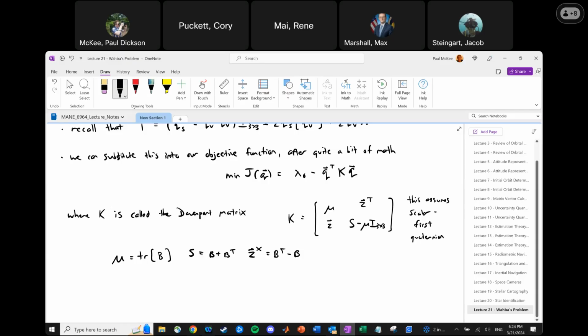What we're trying to do is find Q, which minimizes this problem. So we're still not done, but we've made a lot of progress. And actually, we're almost done. We've got less than a page of math to go. So we're not done yet. But we have a well-posed optimization problem.